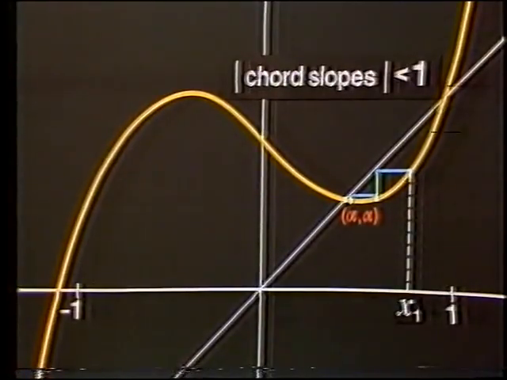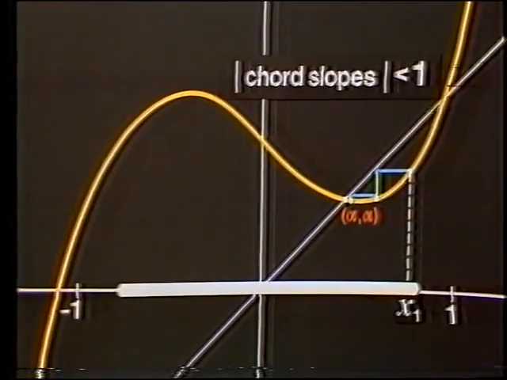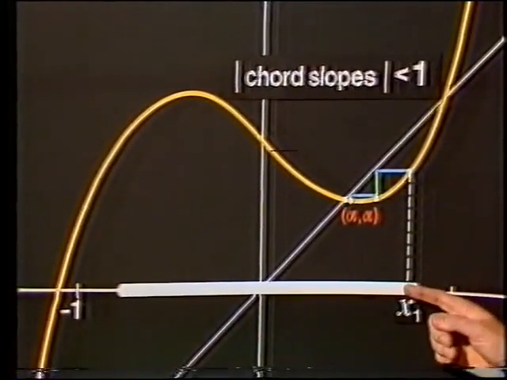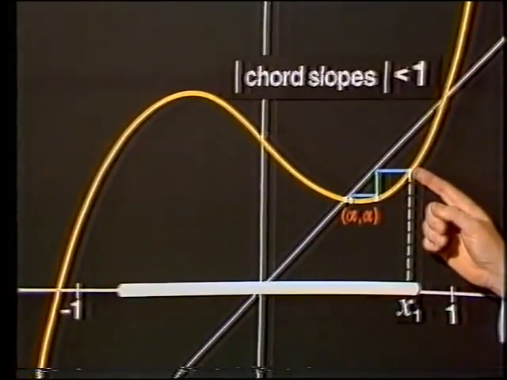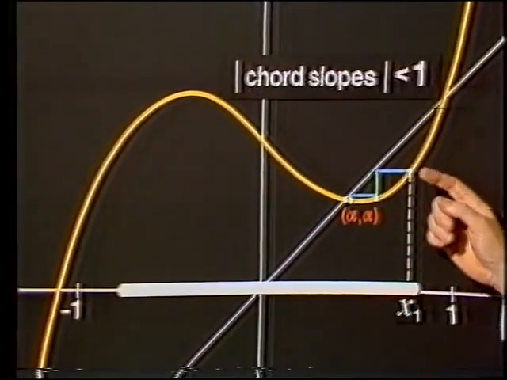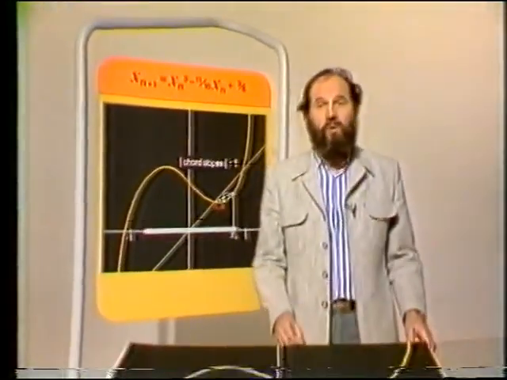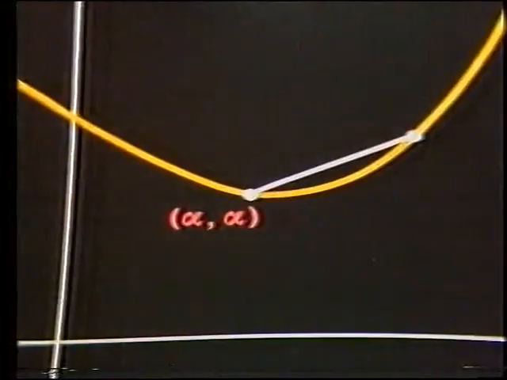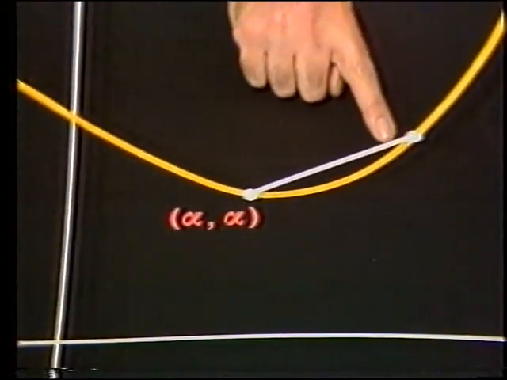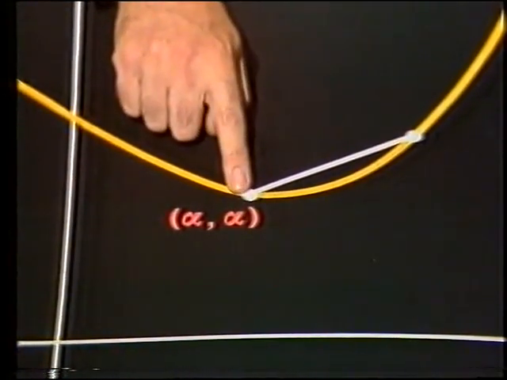What we need is to find some interval along the x-axis which contains alpha, so that when we choose any other point in that interval and we go up to the curve, then the chord joining that point to alpha, alpha has slope with modulus less than 1. So let's look at an arbitrary point in the interval we want. Now, this is the chord whose slope we're interested in.